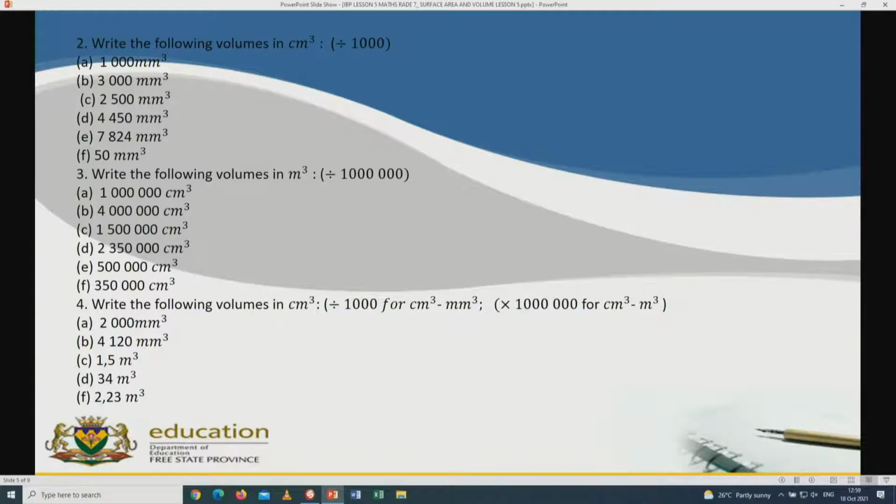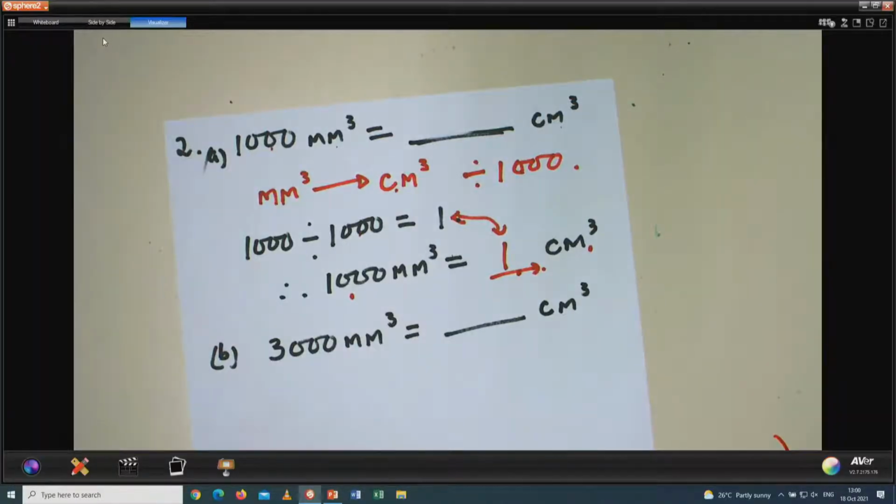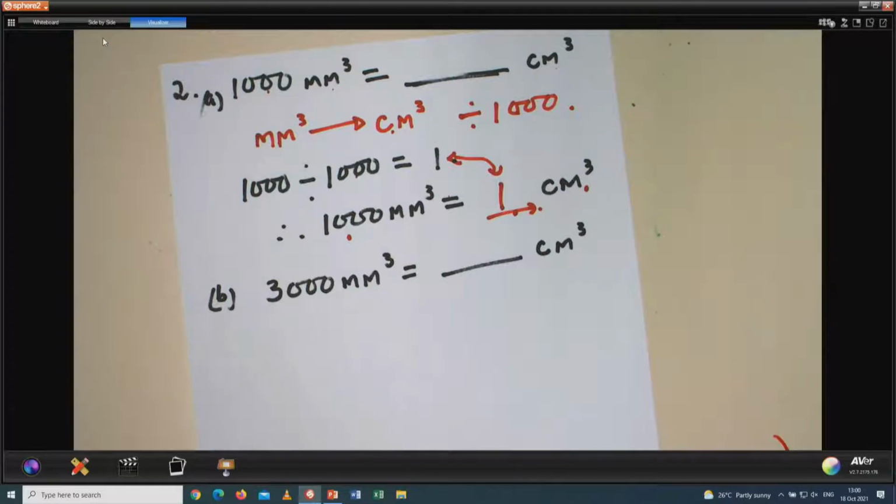The second one, B, from the second question, says write the following volumes in cubic centimeters. Now we have 3000 cubic millimeters equals how many cubic centimeters? Still the same route.